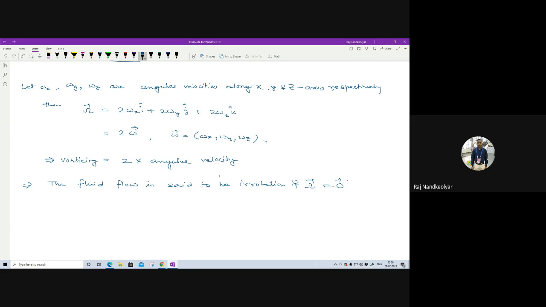That means each component omega x, omega y, omega z is zero. Or you can say the curl of q vector is equal to the zero vector. Any doubt in this?